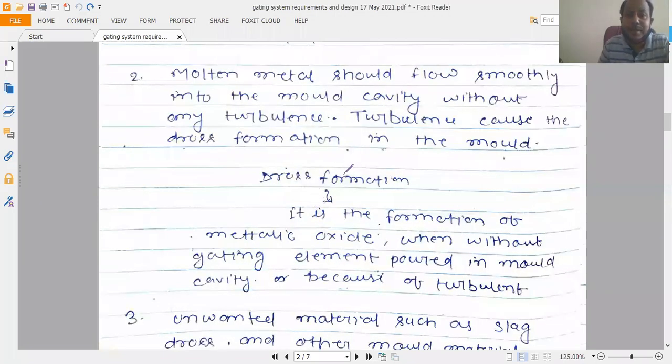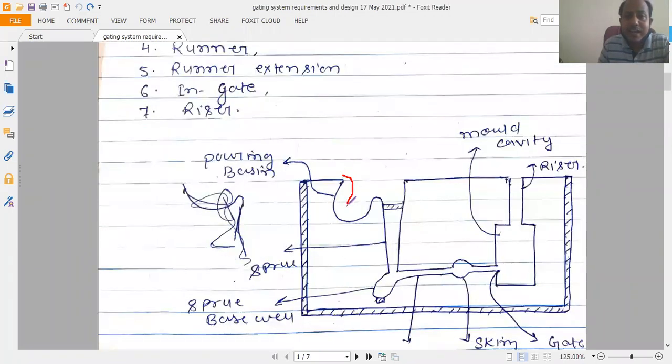The molten metal is poured here, and we have to design the pouring basin with this type of arrangement, so that the molten metal goes here and slowly moves from the lower to the upper part, and the slag, meaning the oxide part, moves to the upper portion.